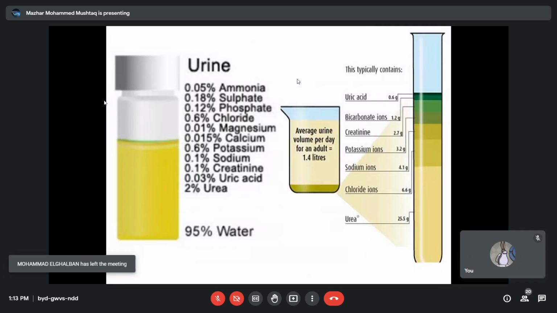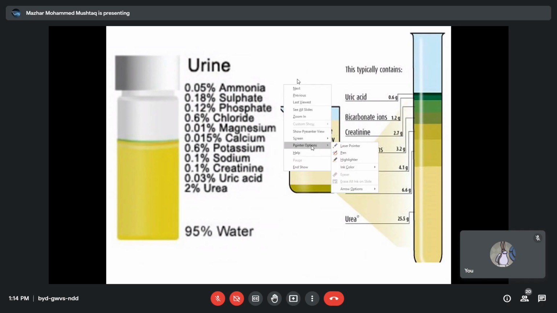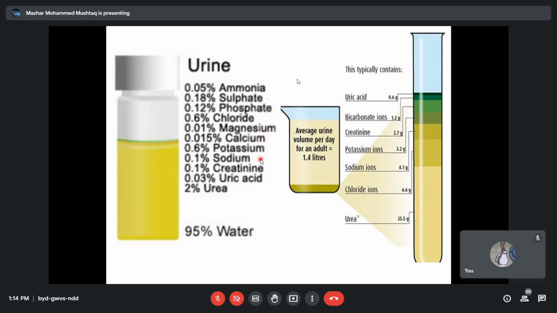If we look at the composition of the urine, it is mostly composed of ammonia, sulfate, phosphate, chloride, magnesium, calcium, and potassium.